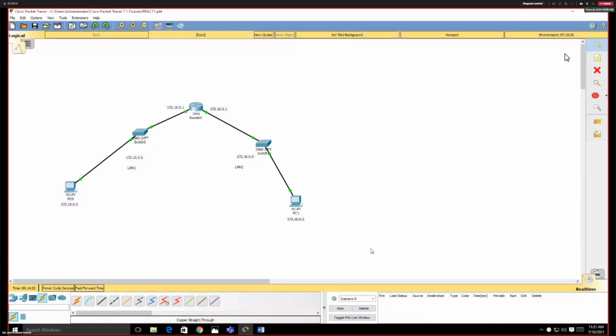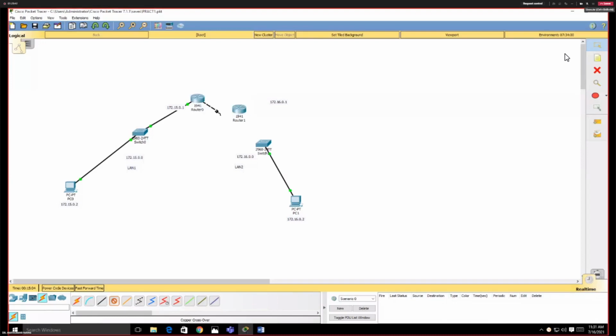It is working properly. But if I take one more router over here, if I remove the connection in LAN 2, if I take one more router and make a router to router connection, two similar devices are there, so you have to use a crossover cable.